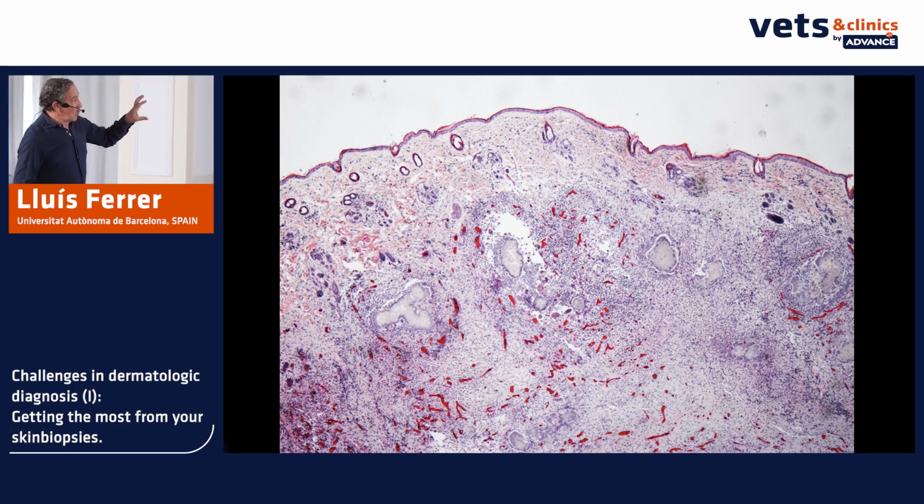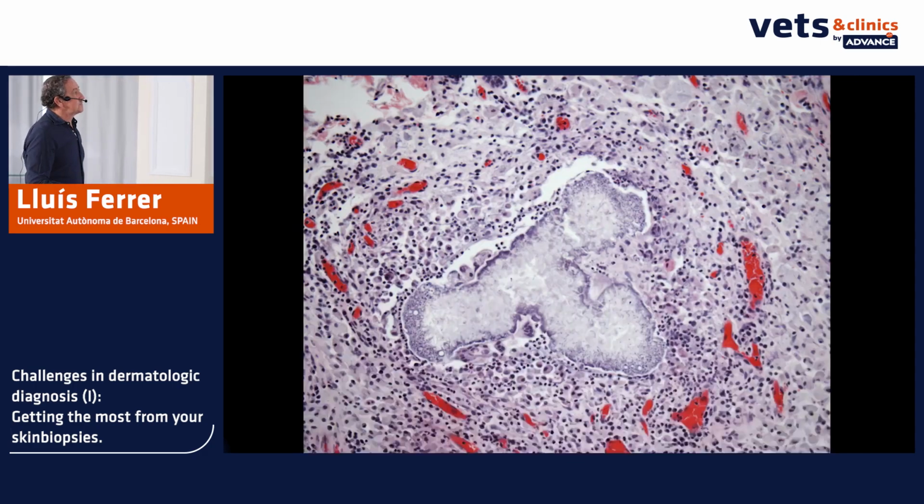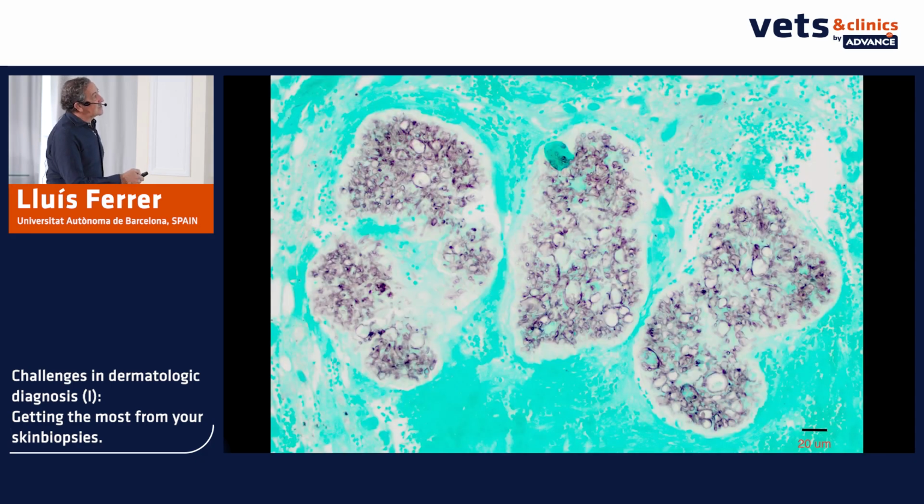And when you look, what are these big areas or structures here? You see that probably they look like colonies of dermatophytes, of fungal elements surrounded by the inflammatory cells. And here you can stain this with the silver stain, with Grocott stain, and confirm that these are colonies of dermatophytes.